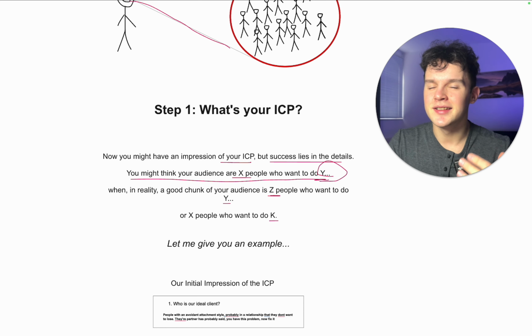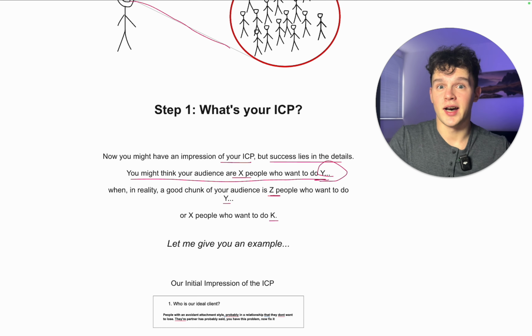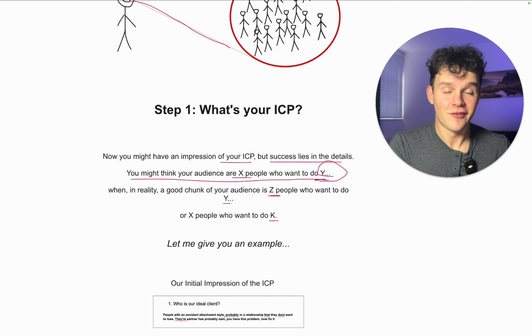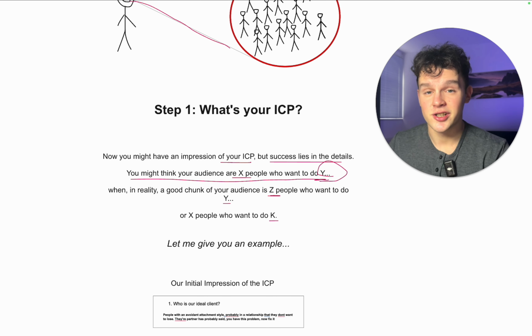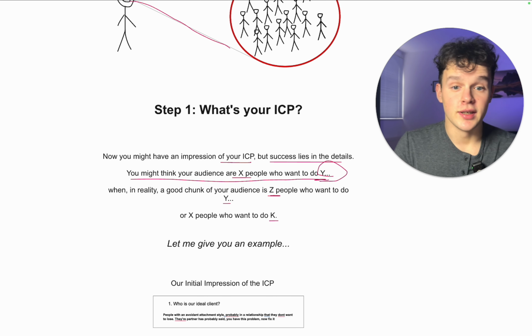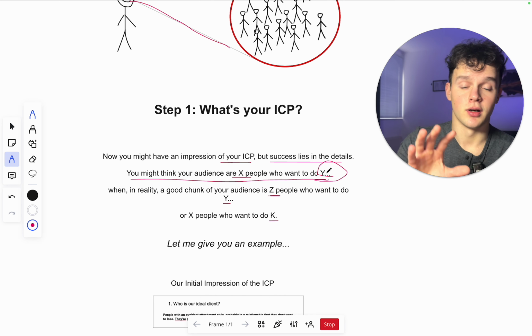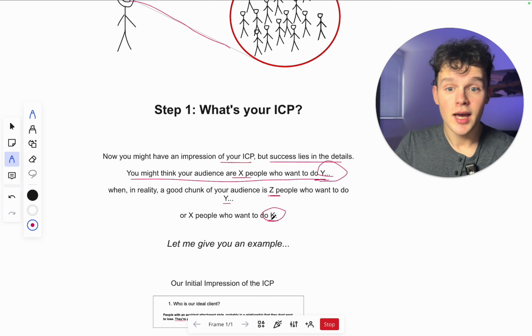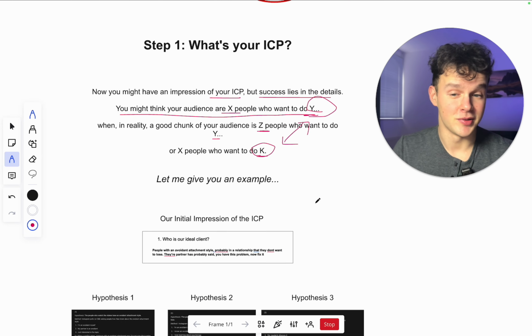But in reality, your client doesn't really care if you're using the carnivore diet, the keto diet, or whatever it may be that you are offering them. They only care about the result, about actually losing weight. So this could be an instance where a discrepancy between what your audience actually wants and what you think they want lies. To find out these little things, you would do complete market research.